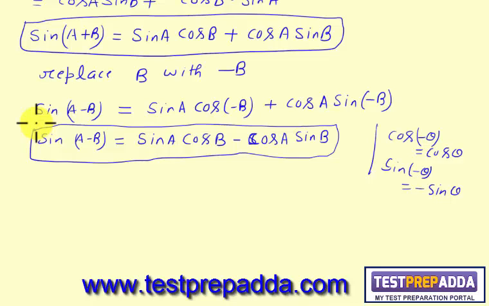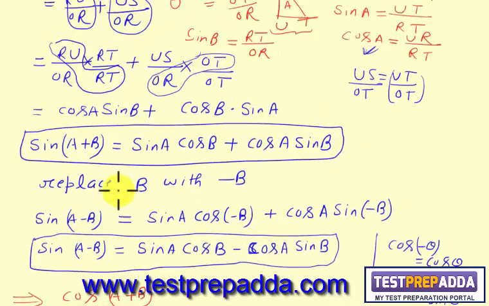Now again, with the help of that circle, we will try to find cos A plus B. Okay. Now let me select another pen here. Cos A plus B. Just go and check there.